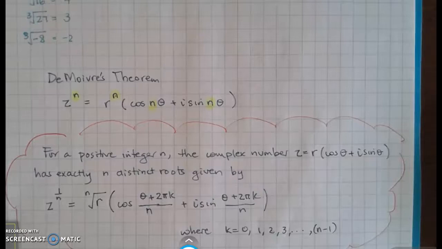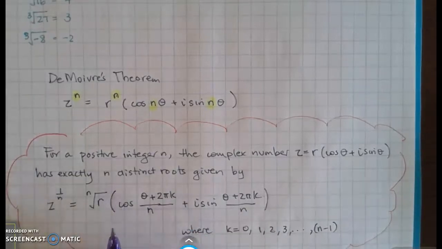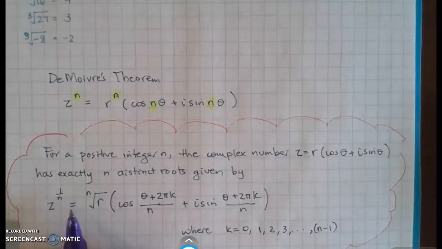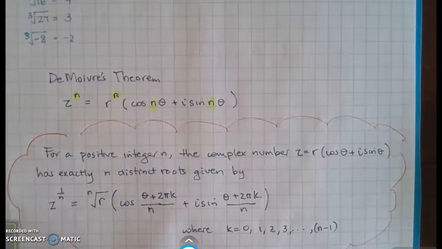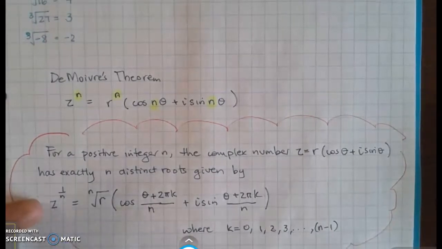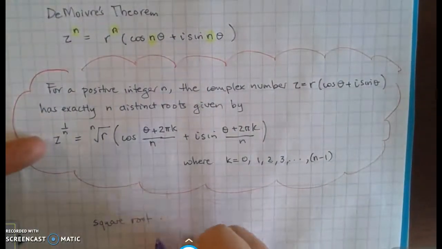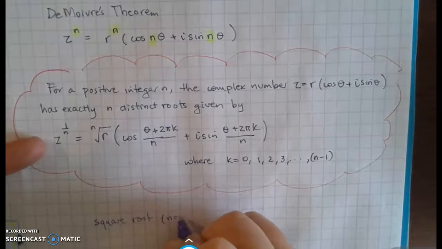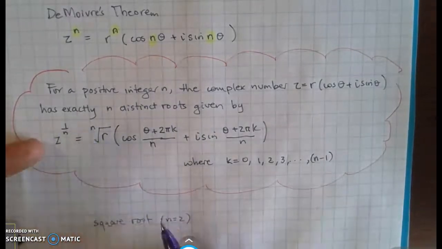Okay, so if I'm taking, say, the square root, in this case n is equal to 2, right? The index is going to be 2.